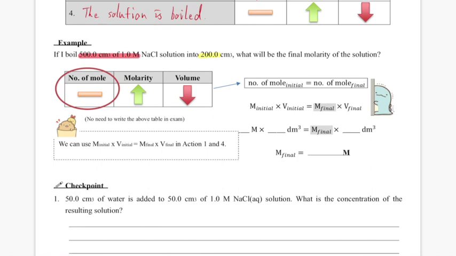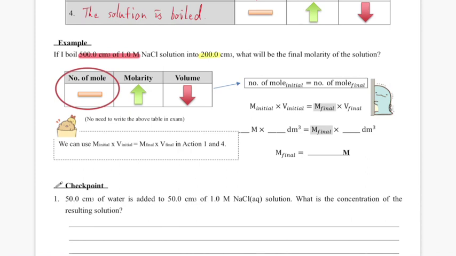So again, if we want to work out the final molarity, we need to know the number of mole, and then we need to divide by the volume. And in this action, because we only boil the water, which is the solvent, we didn't change the amount of the solute in it, so we should be able to write this key equation here.